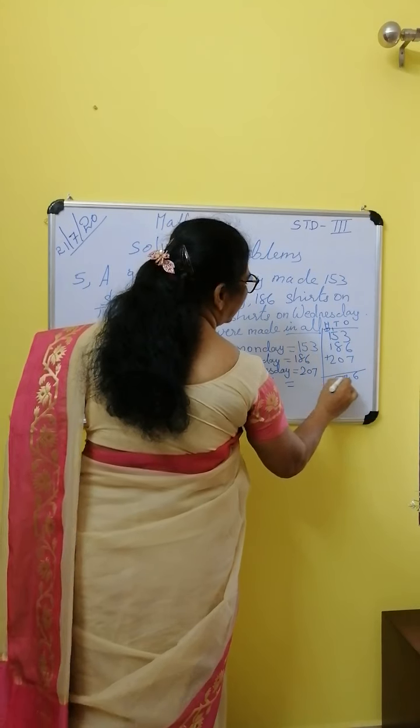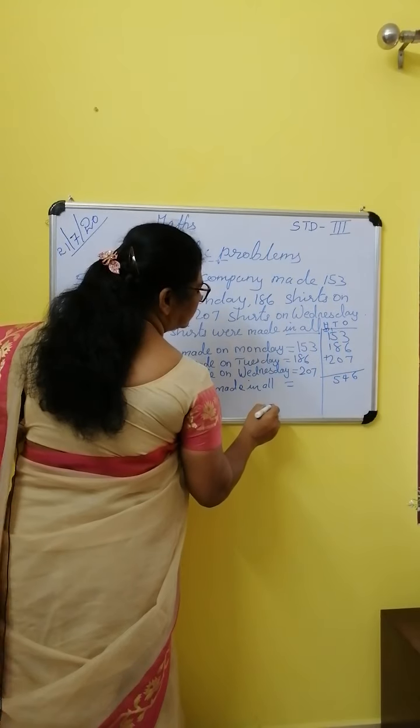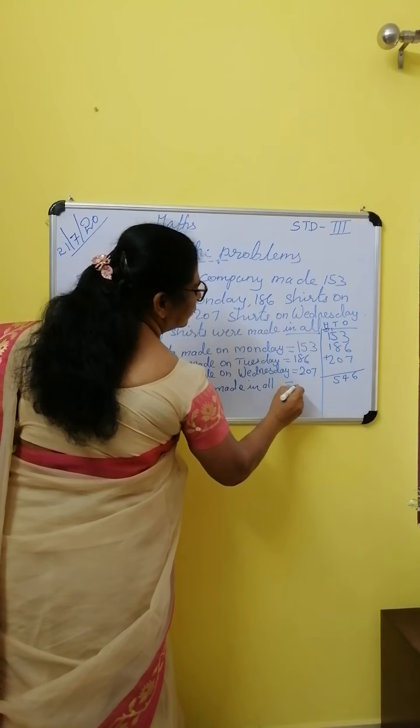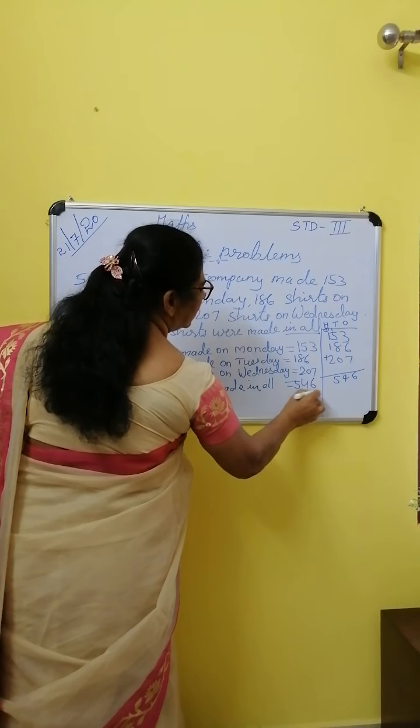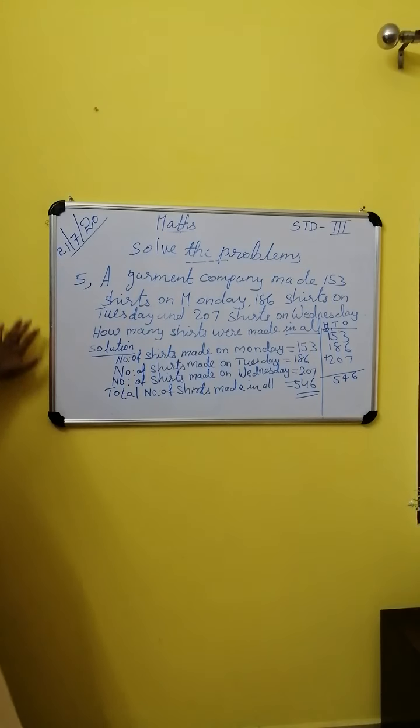Remainder, 5. Answer 546. Okay, total number of shirts made in all equal 546.